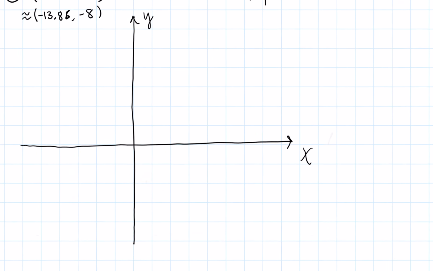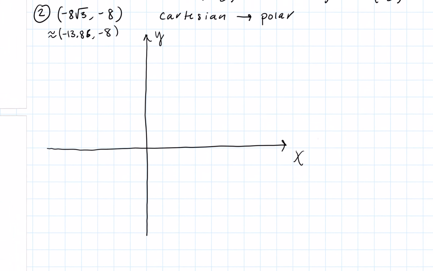Okay, so if we plot that point, let's make these 5, 10, 15. We're about in here, and then -8. So 5, 10, -8. We're about there. It's not perfect, but close enough. So -8√3, -8.